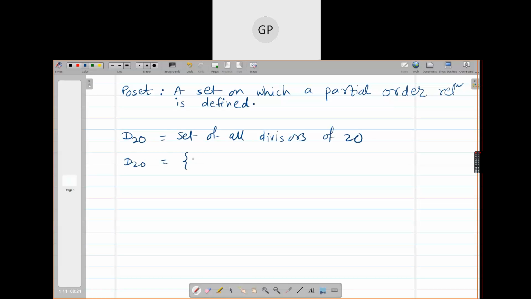What are the divisors of 20? Yes, FYBSC students, I'm asking you divisors of 20. 1, 2, 4, 5, 10, 20. Right?